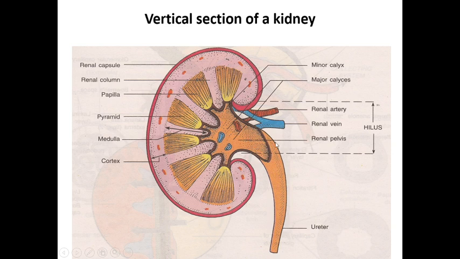This whole area includes the renal artery that brings oxygenated blood to the kidney, the renal vein that drains out deoxygenated blood from the kidney, as well as the renal pelvis, which sends urine from the renal pyramids into the ureter. All these three structures together are called the hilus of the kidney.